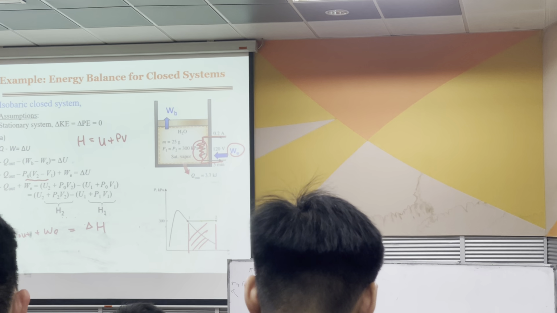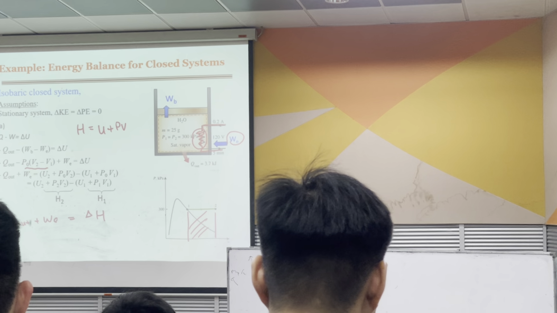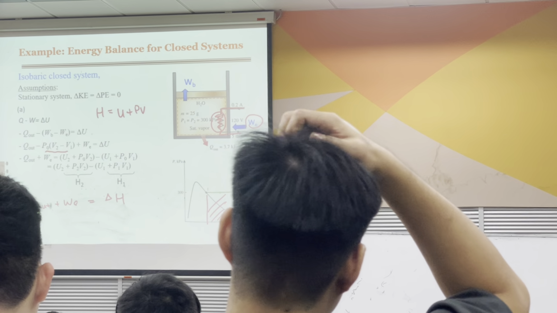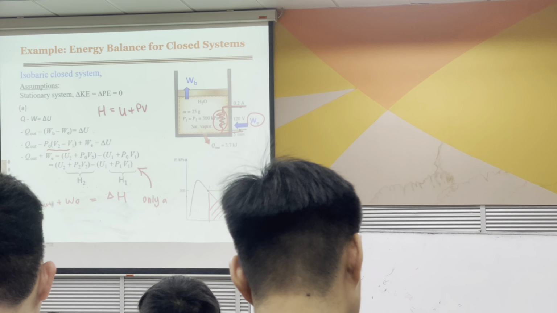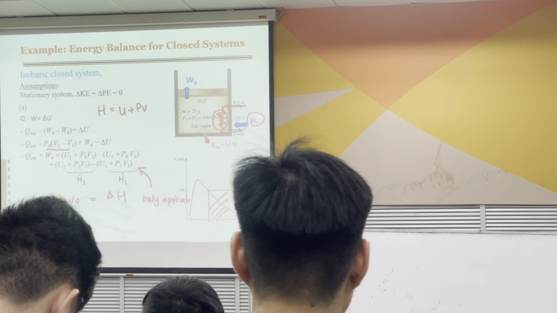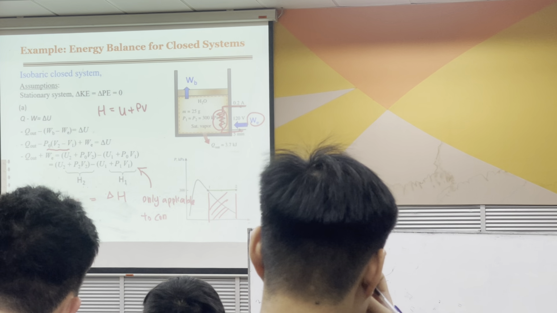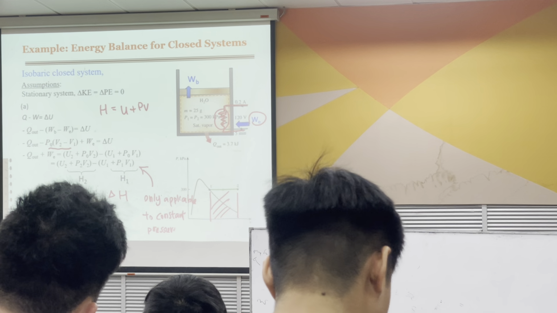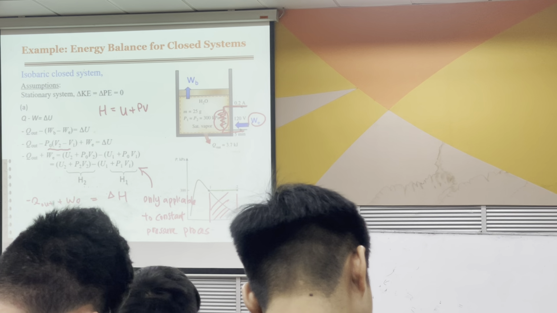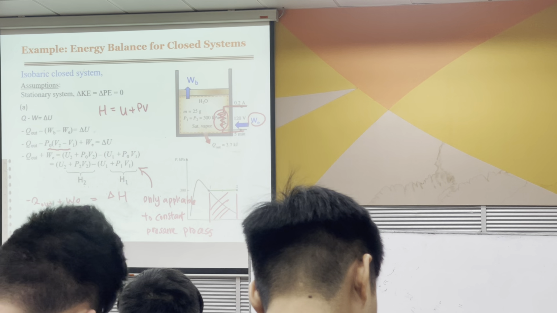In this case, you have to remember this is only applicable to a constant pressure process, or isobaric process. Because if the pressure changes, then this line won't be as nice anymore.